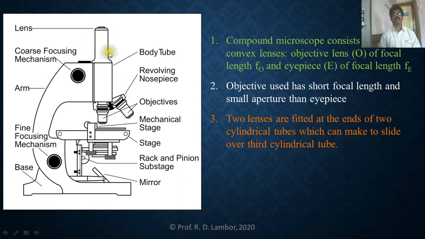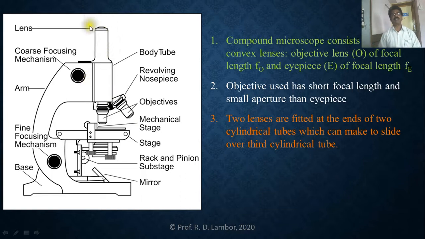This is another cylindrical tube, at one end of which the eyepiece is fixed, and these two cylindrical tubes can slide over a third cylindrical tube. So this one is the third cylindrical tube, and we can slide the eyepiece-holding tube and the objective-holding tube over it with the help of the adjustment here.